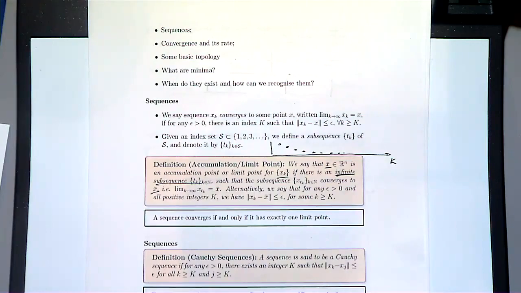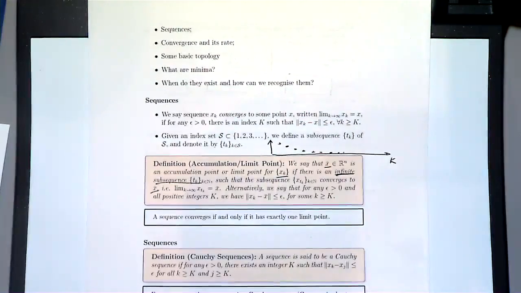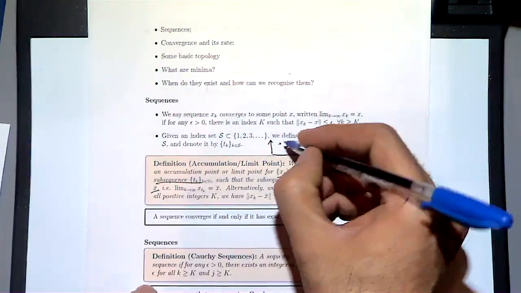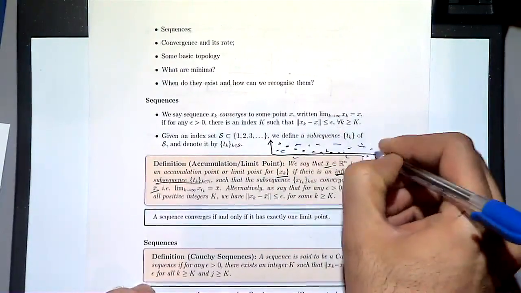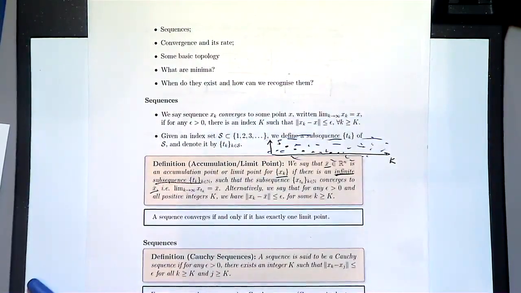Let's say the black sequence converges to 0, and we assume there are infinitely many of them. They keep going and get closer and closer to 0. Now let's populate all sorts of other points around it, infinitely many of the other ones. The sequence overall doesn't converge, but it has a subsequence that converges. The limit point of that subsequence is a limit point of the overall sequence as well.